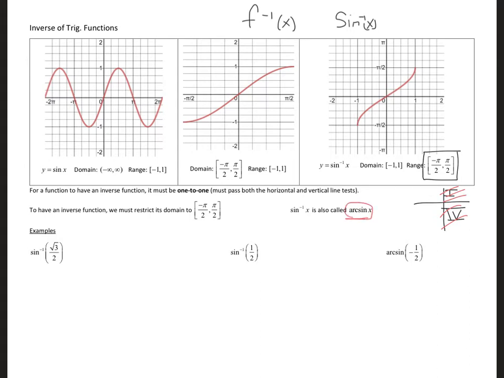So let's do some examples. And as you do these examples, use your unit circle. We are going to find the sine inverse of square root of 3/2. So what does it mean? We are looking for the angle whose sine value is square root of 3/2. And I'm going to write those angles.